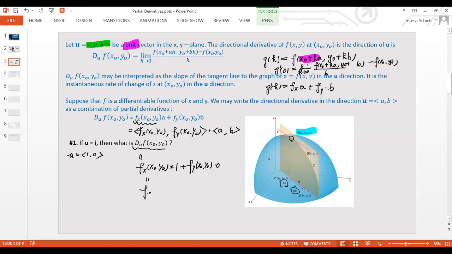So this is f_x at x0, y0. So this is the partial derivative at x0, y0 here.